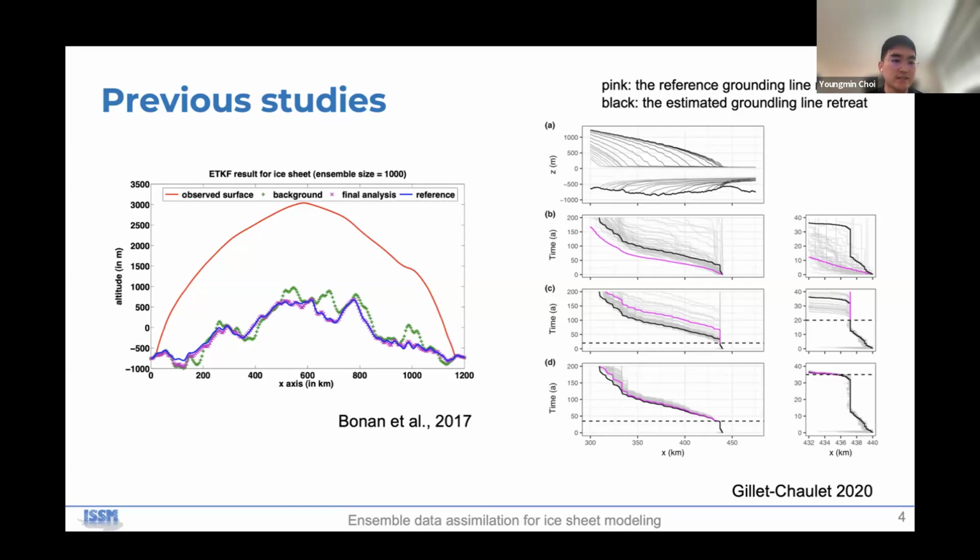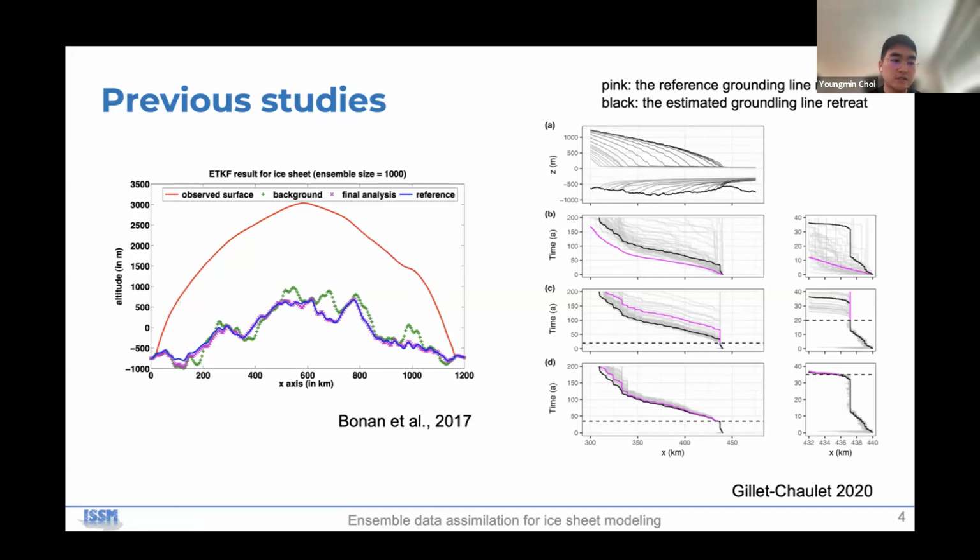So they have X and Z coordinates, but no Y axis, which may miss some representation of the stress field components that can impact ice dynamics. So it's not quite appropriate for large-scale ice sheet models, but they still provide great insight for the application of this ensemble Kalman filter to ice modeling.